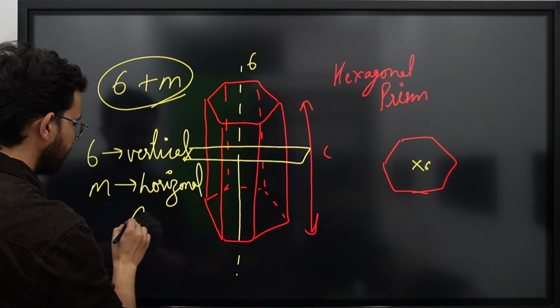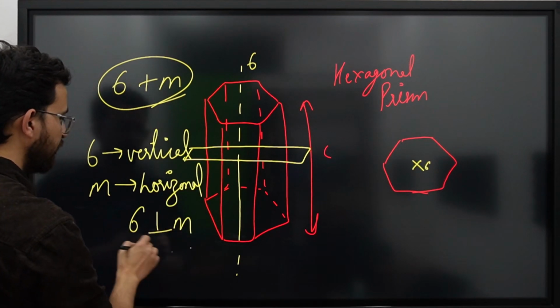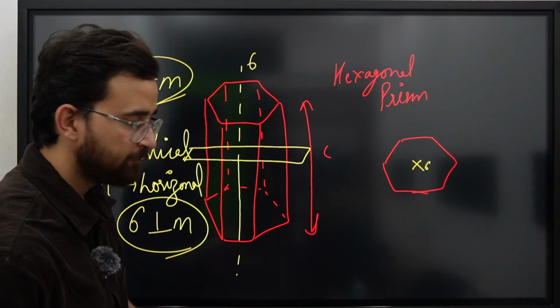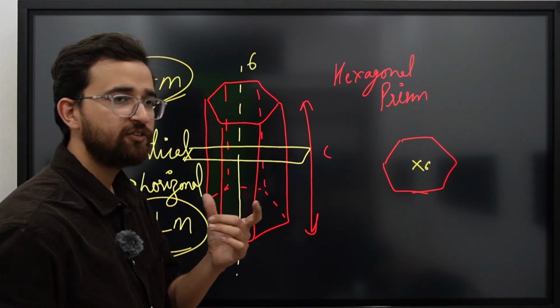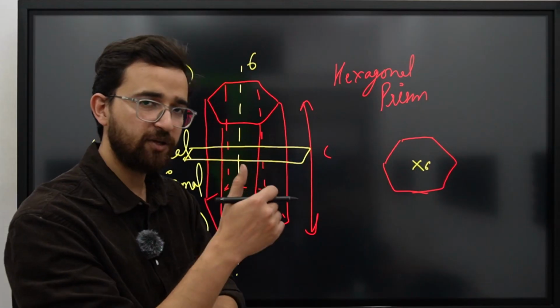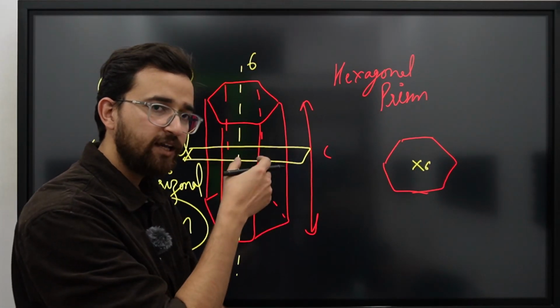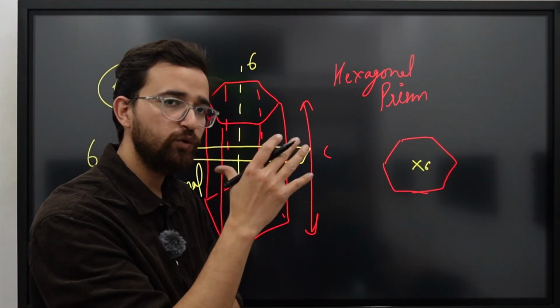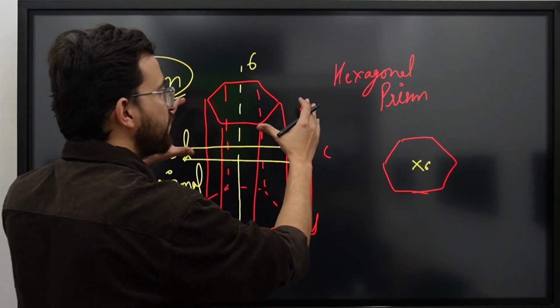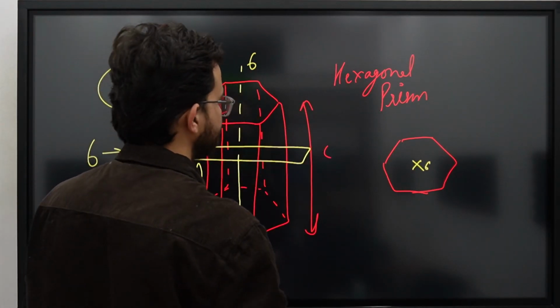That means the 6-fold was perpendicular to the mirror plane. So this is one of the fashions in which you can combine a rotation and a mirror plane. Now we will study the different rules that govern how you can combine these symmetry elements.